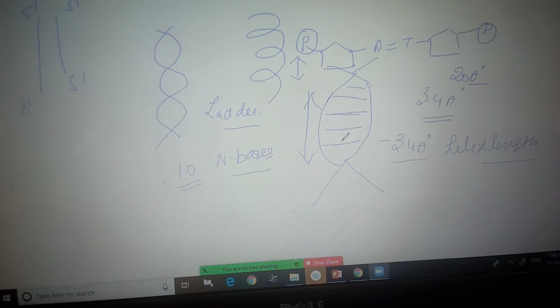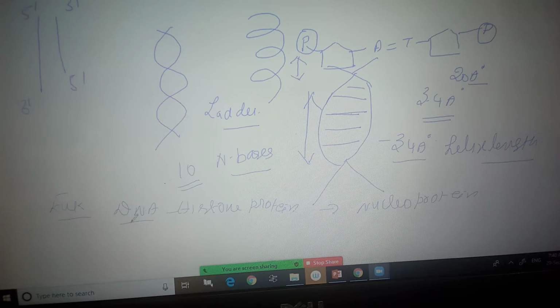In the nucleus of eukaryotes, DNA gets associated with a special protein called histone protein, and they form a nucleoprotein. Nucleic acid plus histone protein is said to be nucleoprotein.